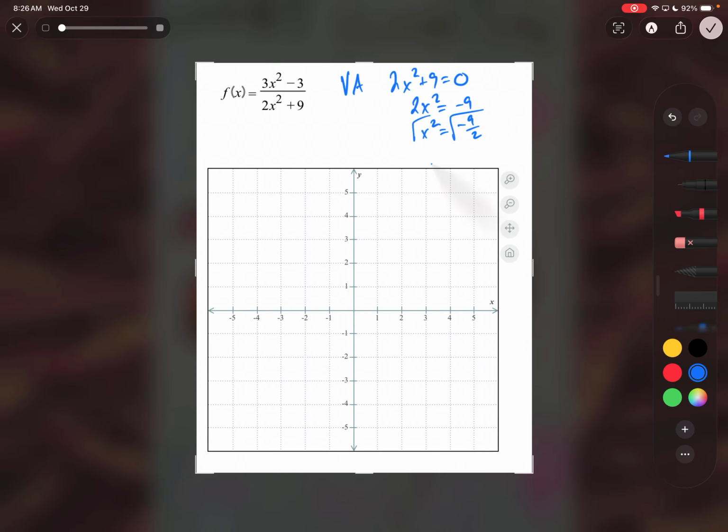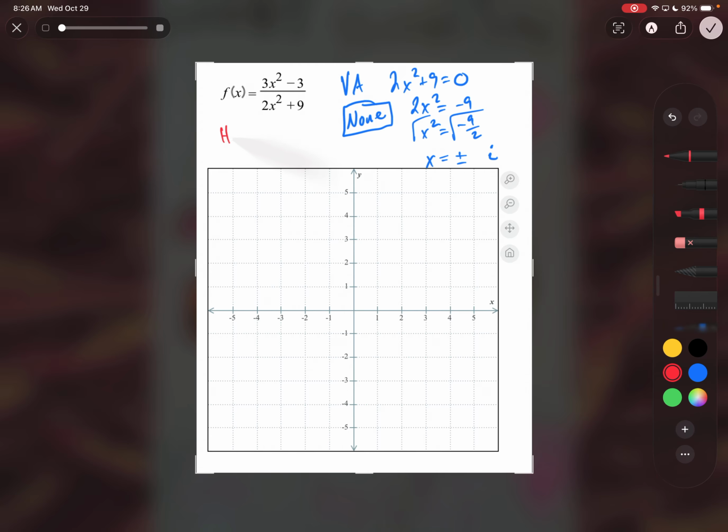We can refresh over some complex numbers here. When you do the square root inside the equation, you get plus or minus. The square root of a negative is going to have an i on it, right? Because it's the square root of a negative. So this is an imaginary number. This means there is no vertical asymptote. There is no vertical asymptote because I got an imaginary number and we're not graphing imaginary numbers. Not yet anyways. All right, so there is no vertical asymptote.